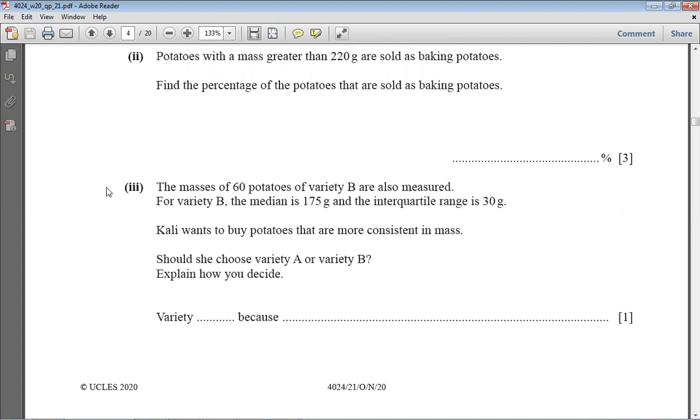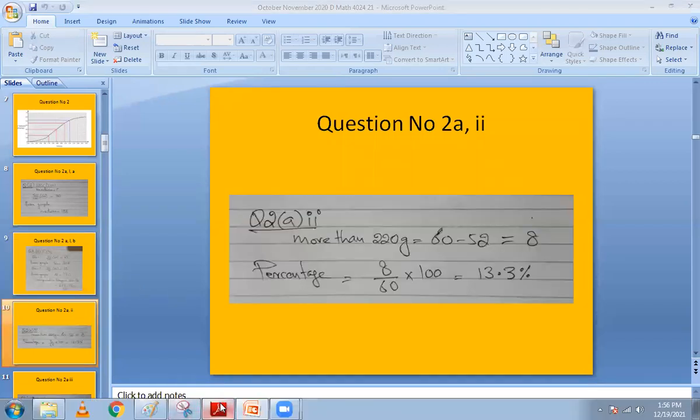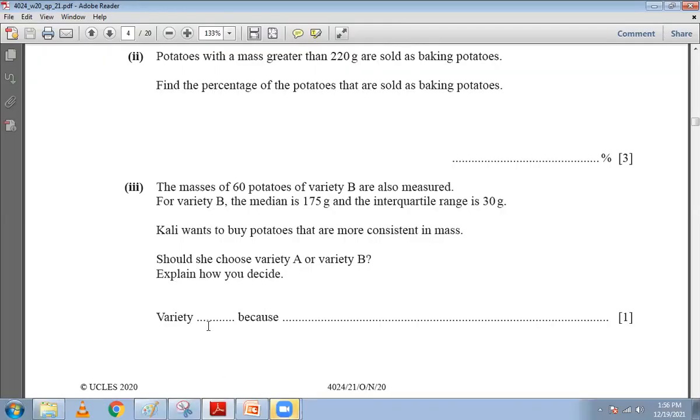Whatever has the lesser interquartile range is more consistent. The interquartile range of variety B is 30 gram, whereas that of A is 38 grams. So our answer will be variety B because its interquartile range is less.